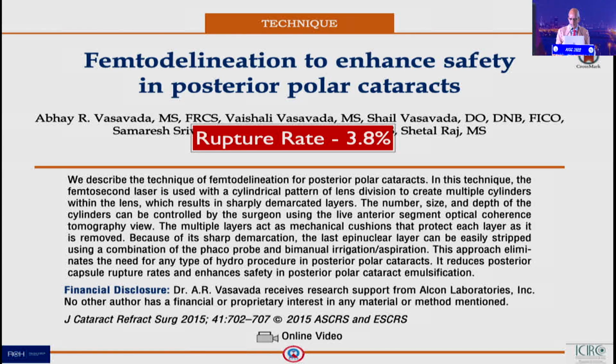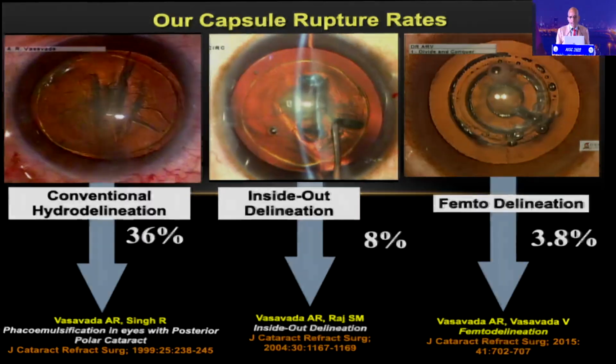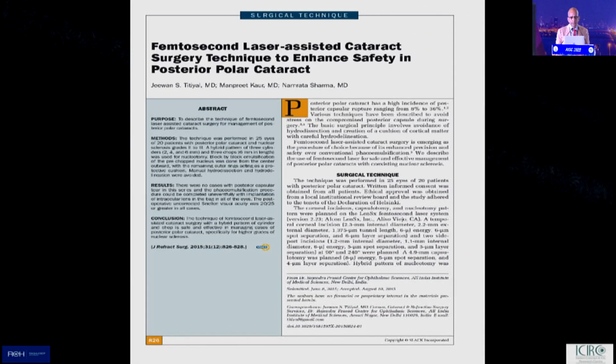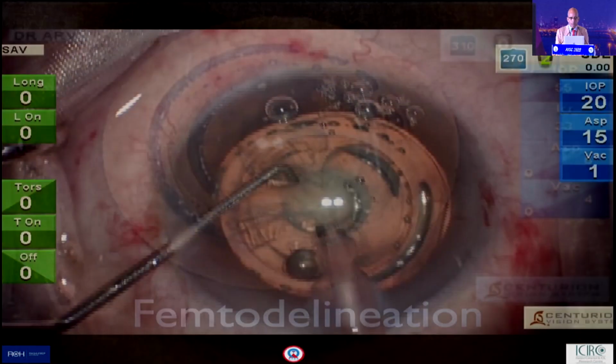In our hands, we reported 32% at one time, then reduced to 8% with inside-out, and now it is about 4% with this flex technique. And that's because the cushion effect is created well and there is no need to rotate.